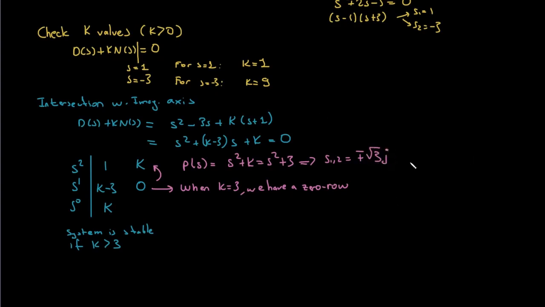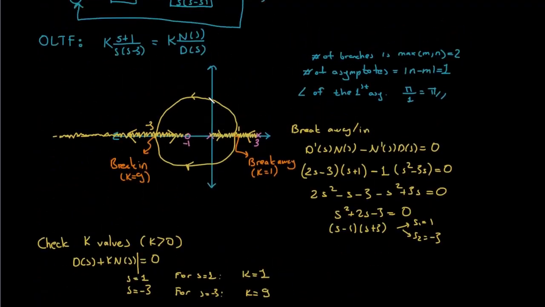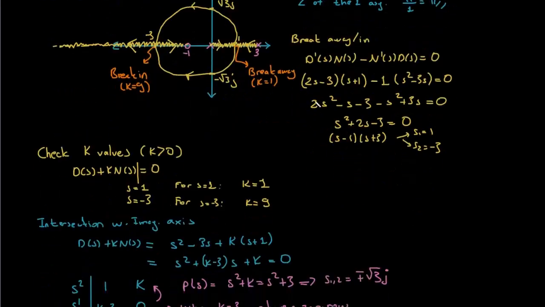So we found the intersection with the j omega axis. If we go back to our original plot, this point is square root of 3 j, and that point is minus square root of 3 j. So that completes all details of our root locus.